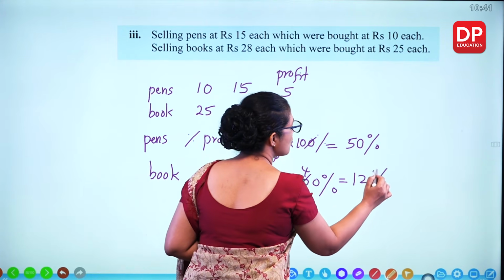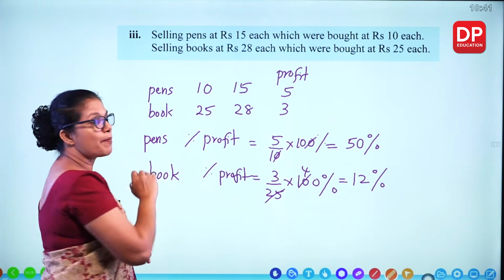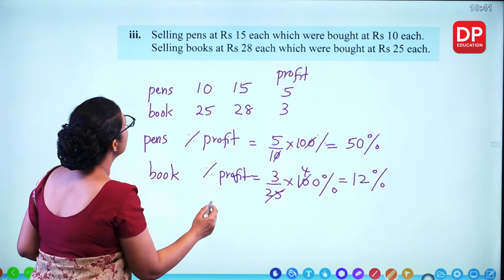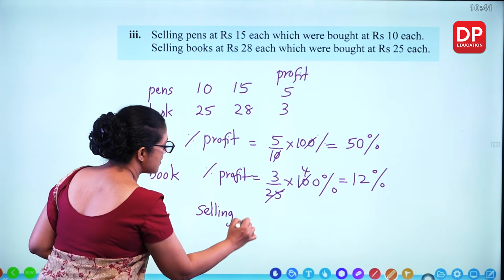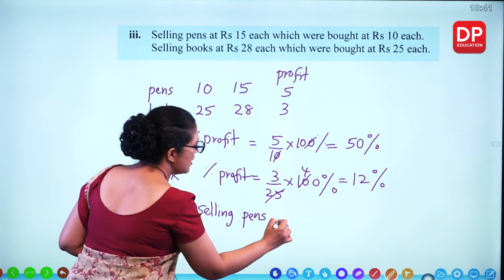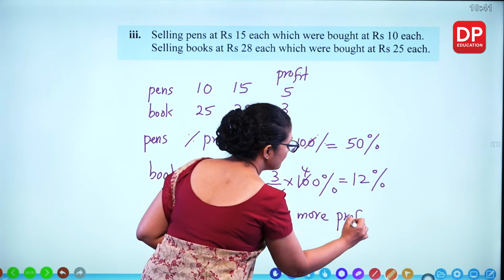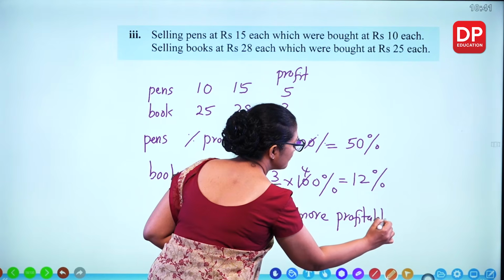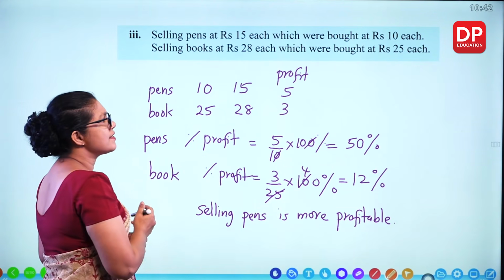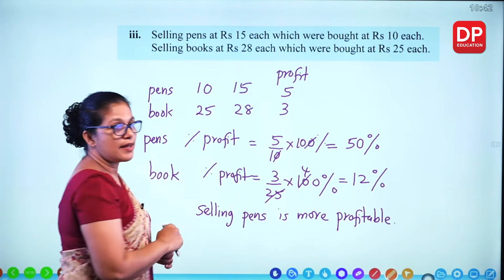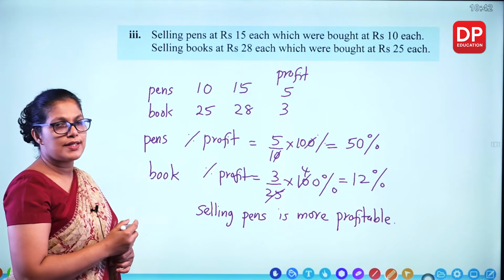That's 12%. So here this is more. Pens, the profit for pens is more. So you can write selling pens is more profitable. So actually, when you take the difference, this is high, but you can't judge from that because the buying prices are different here.